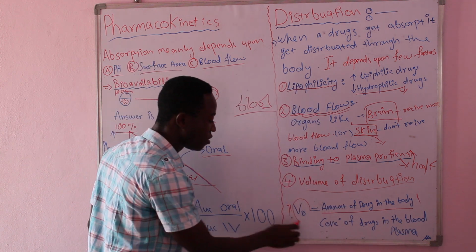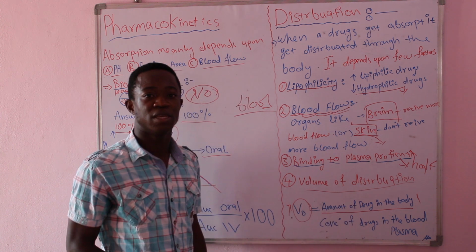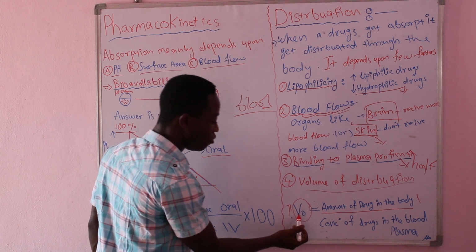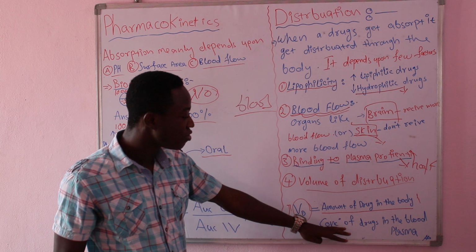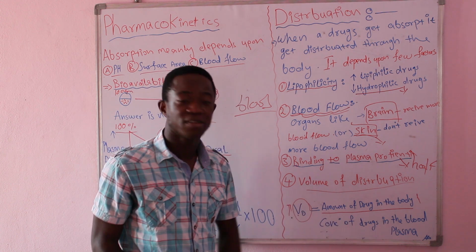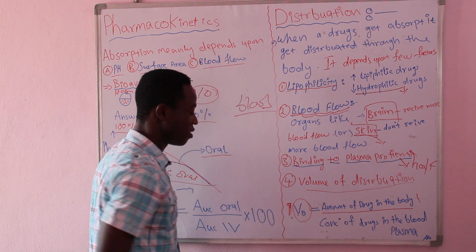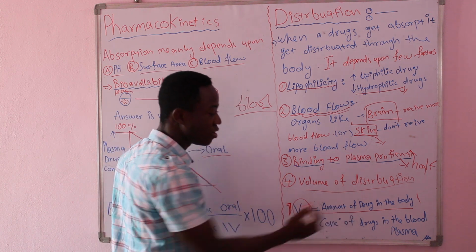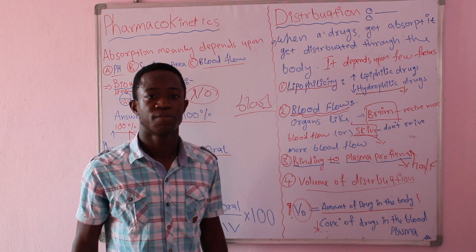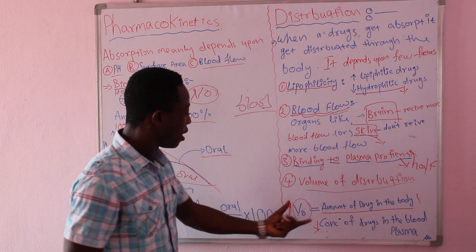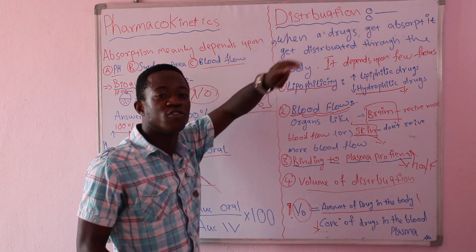If the volume of distribution is increased, the amount of drug in the body should be increased. And the volume of distribution is inversely proportional to the concentration of the drug in the blood plasma. So if the volume of distribution increases, then the concentration of the drug in the blood plasma will decrease. So the volume of distribution will also affect the distribution of the drugs.